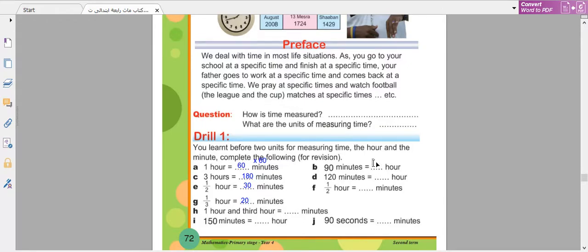If we change from minutes to hours, we will divide by 60.